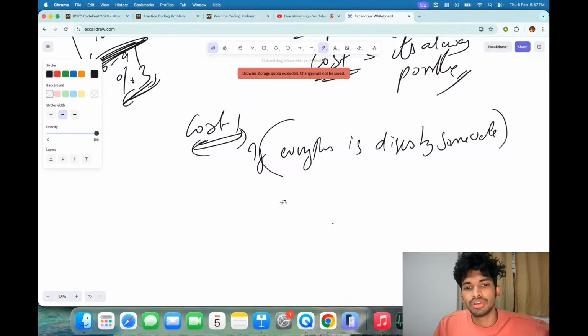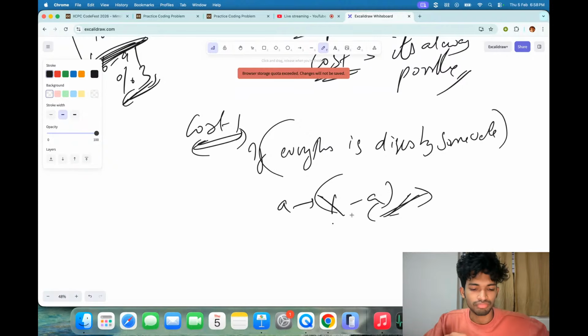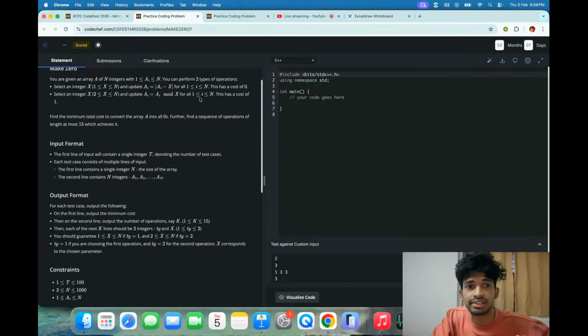Sometimes a will become x minus a. In this case, remainder can change as we like. So maybe there are cases that can be done with lesser cost.